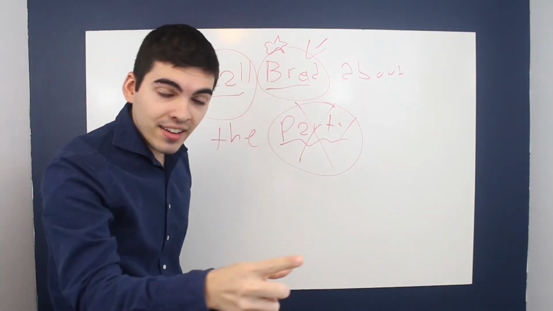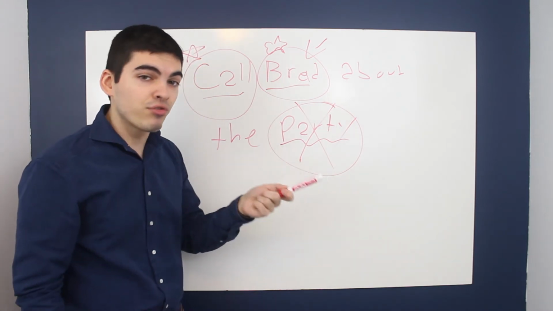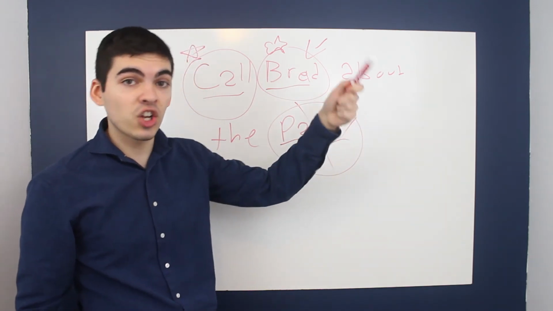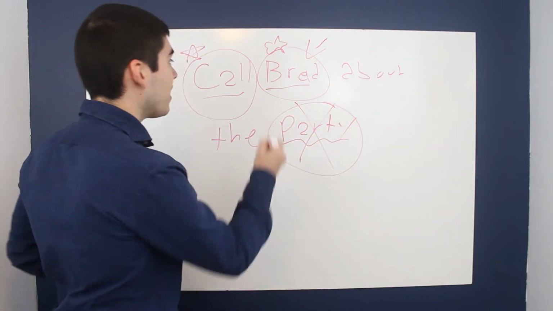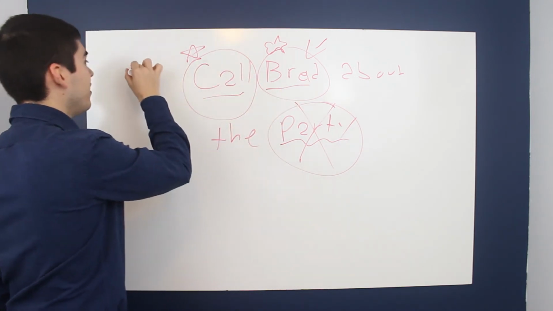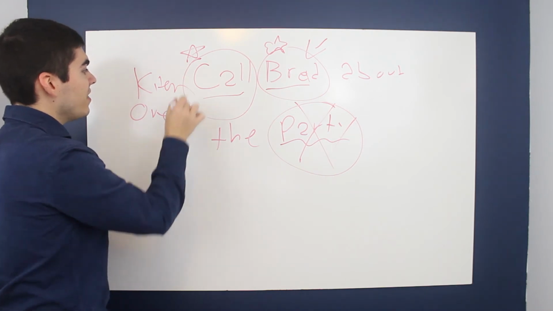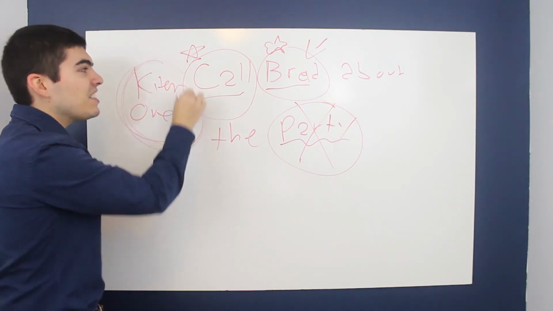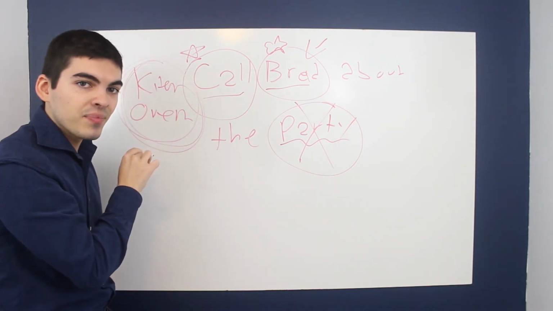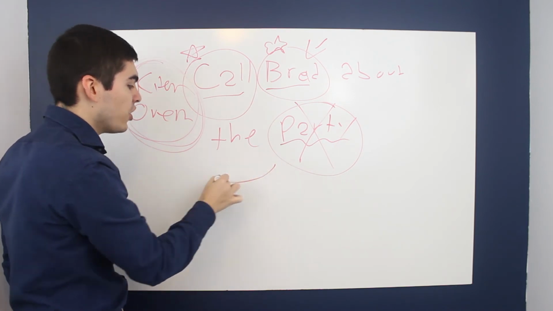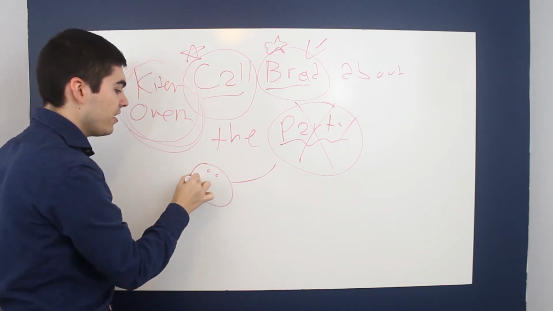Okay? Then, when you're in the party project and you see that you have to bake cookies, then instead of call, right, you're going to have kitchen or oven, right? These are going to be the contexts that are relating to the cookies. Draw a little cookie here, right?